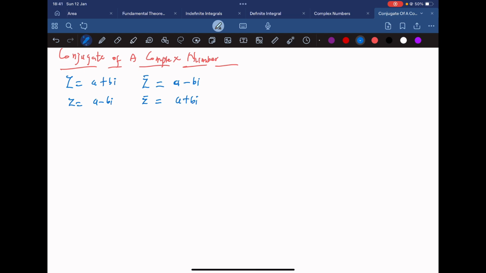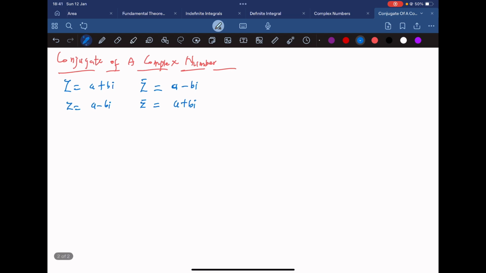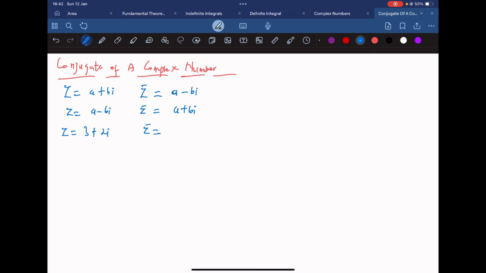So let's take an example. So we can have z to be equal to 3 plus 2i. In this case, the complex conjugate is simply changing the addition sign to subtraction. So you're going to have 3 minus 2i. Okay, let's look at a different one.